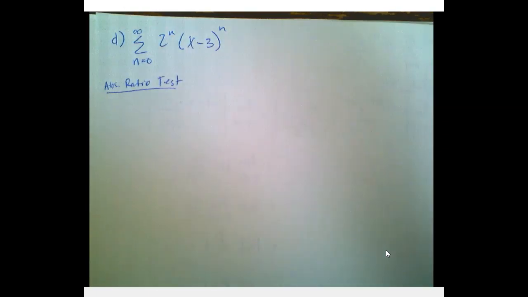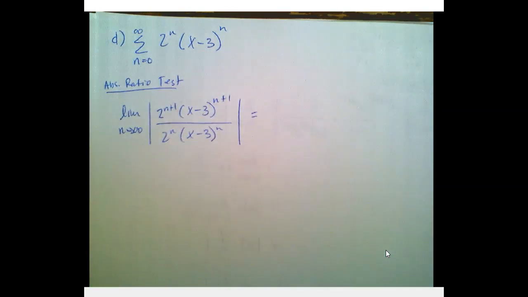So it's always the next term, the n plus 1 evaluation, divided by the previous, right? So let's get the limit as n goes to infinity of the absolute value of 2 to the n plus 1 times x minus 3 to the n plus 1 over 2 to the n times x minus 3 to the n, all absolute value.